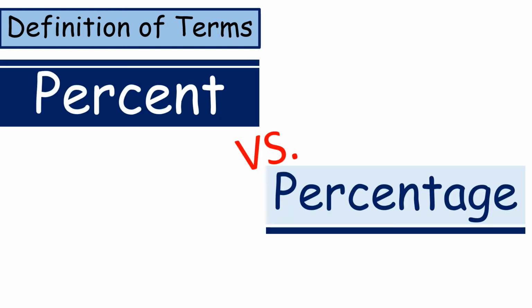My dear grade 5 learners, don't be confused with the terms percentage and percent. When we are pertaining to percent, this is the symbol used to represent the rate. The rate is the ratio of the percentage over the base, while percentage is a number that represents a part of a whole.